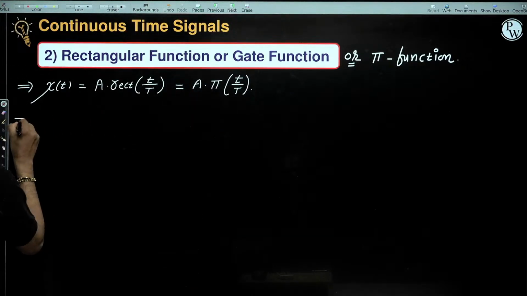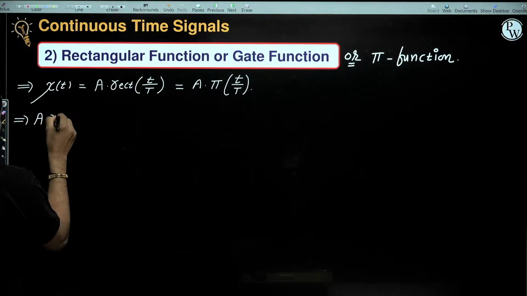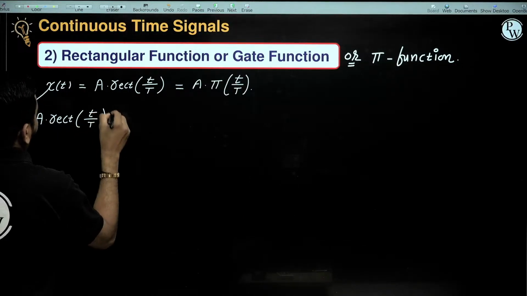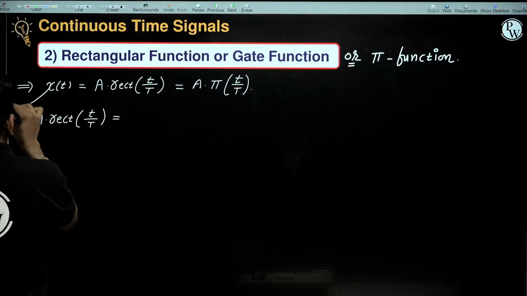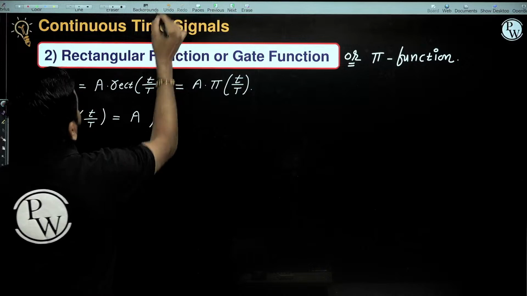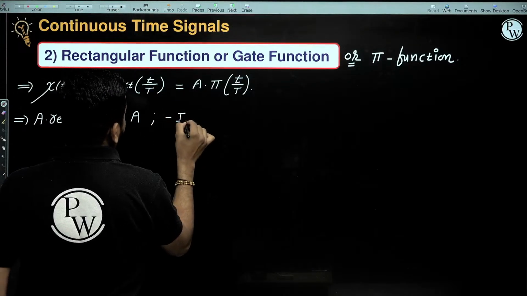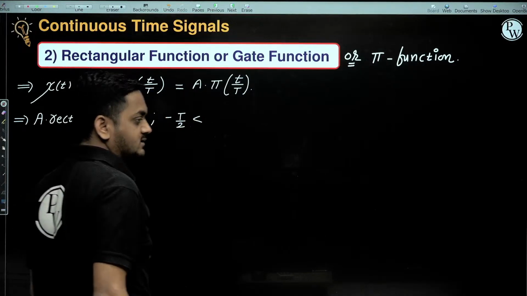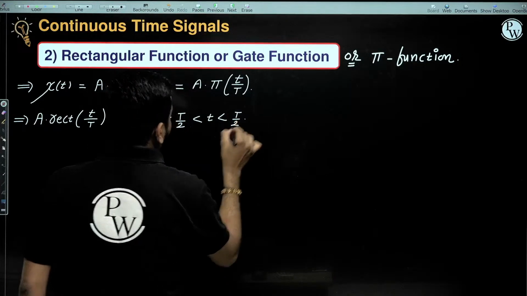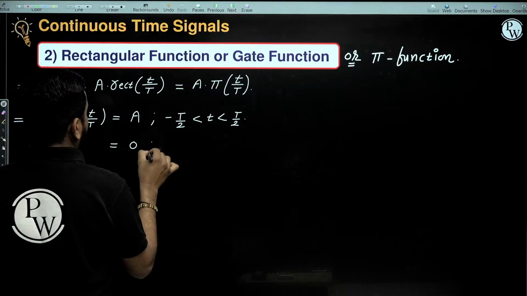So here A rect t upon capital T is equal to amplitude A between minus T by 2 and T by 2, and it is equal to 0 otherwise.